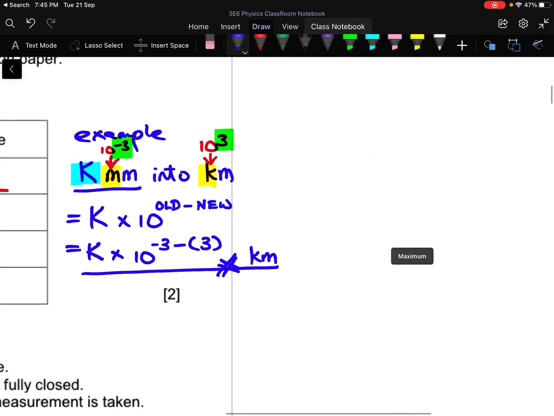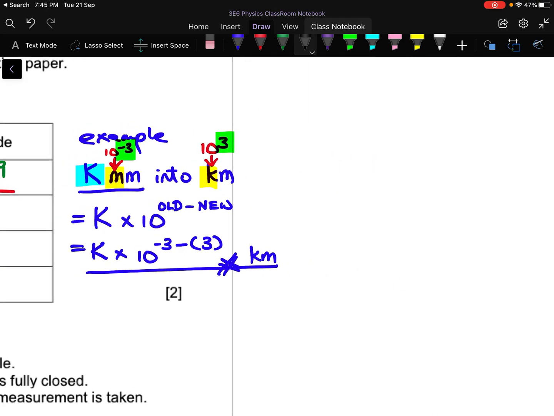Okay, I will give you another example. For example, now you are being asked to convert 2 nanogram into gram. You may ask me, teacher, this one doesn't have a prefix, so what should I do? If there is no prefix, then it is just 10 to the power of 0, because 10 to the power of 0 will give you 1.